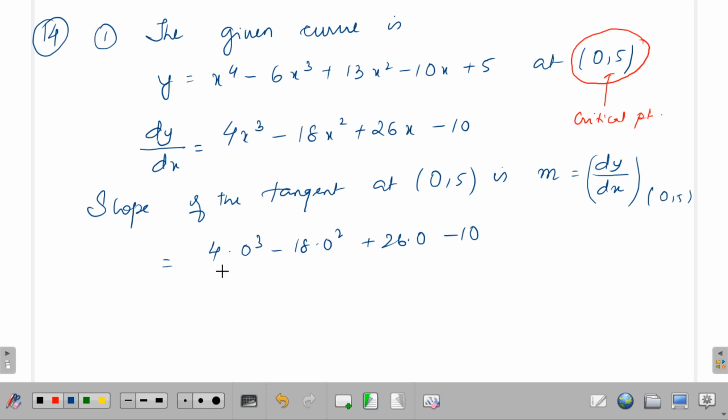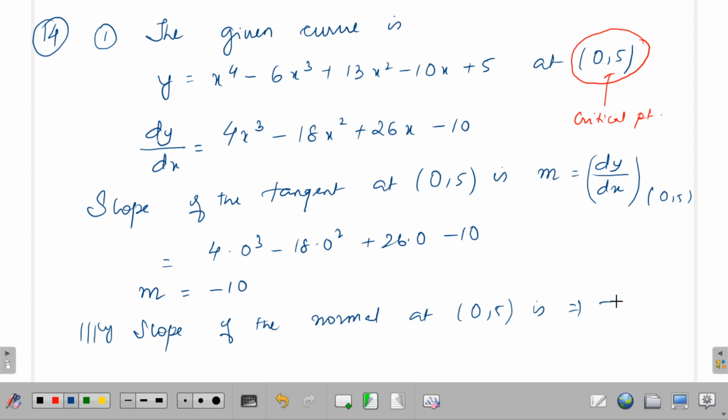So in short, I got your m to be nothing more than minus 10. And similarly, slope of the normal at 0 comma 5, the formula is nothing more than minus 1 by m, which would be minus 1 by minus 10, so it is nothing more than 1 by 10.